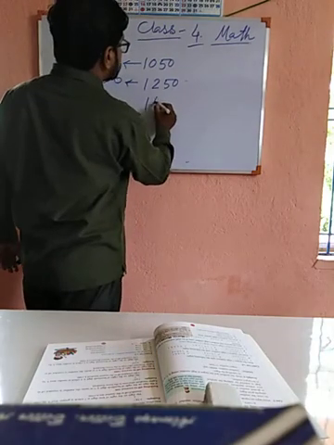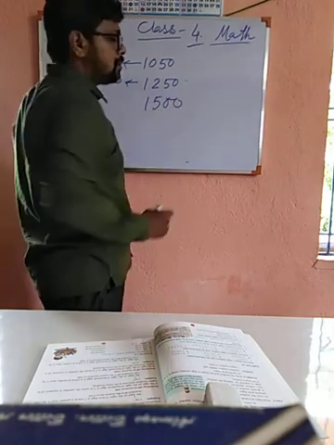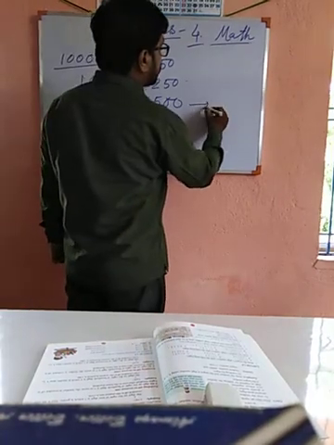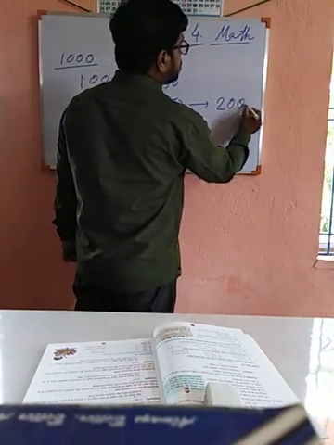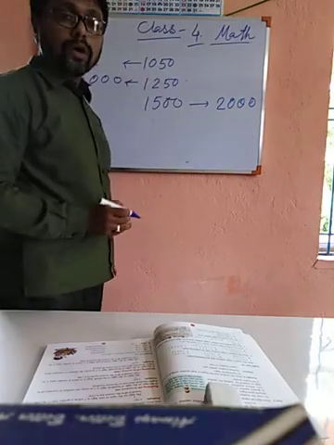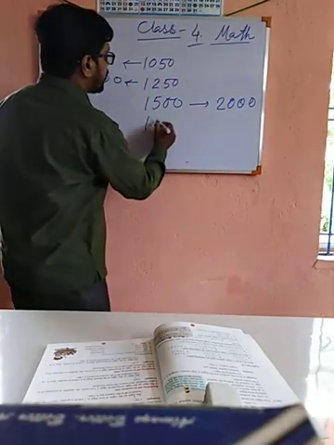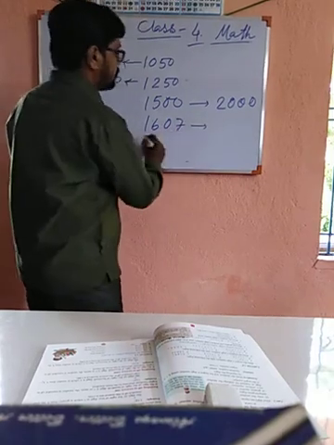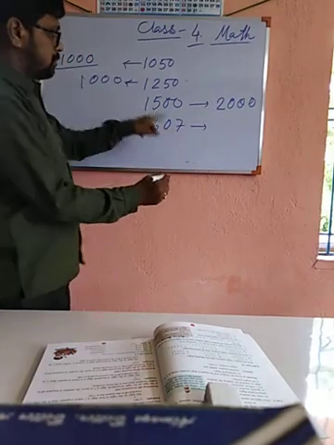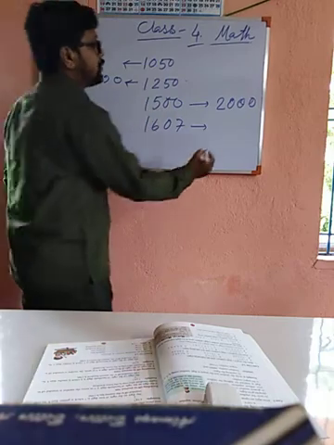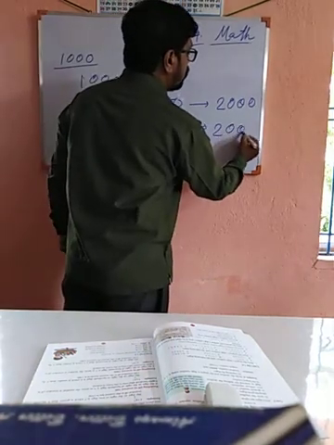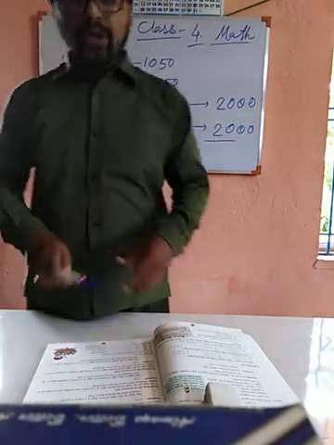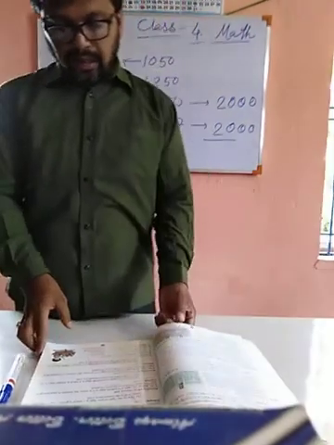But if it is 1500, we will always take the greater, that is nearest up to 2000. Also we can write 1607. Nearest 1000 is more than 1500, so it will be 2000. That is rounding up to the nearest 1000.